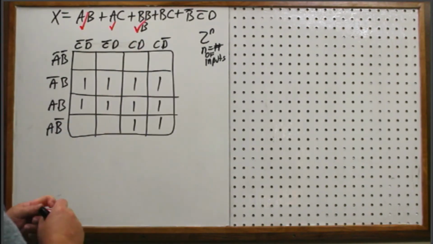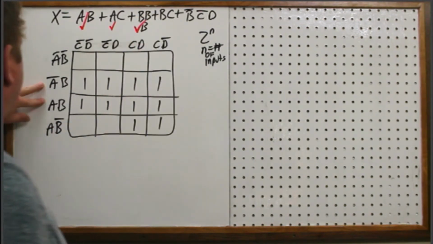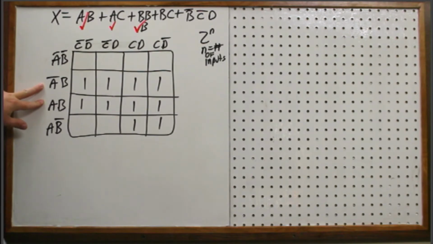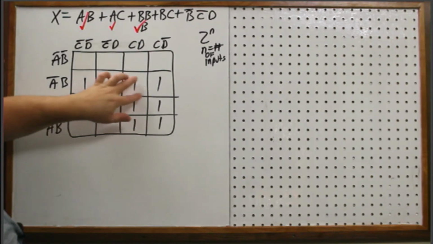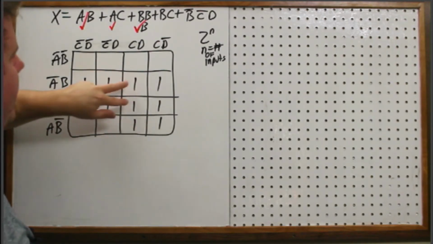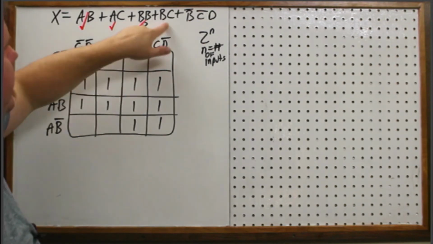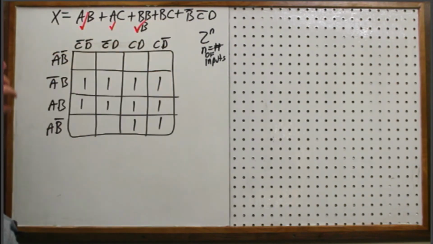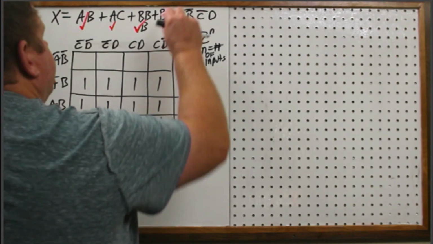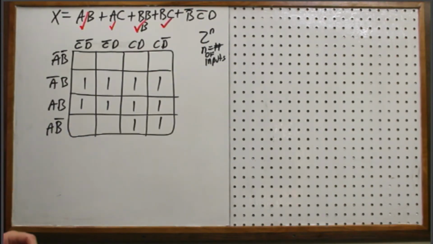Now we have B and C, which we've already covered because we went ahead and did all of the spots where B is high. And that just so happens to cover, C is high in these 2 columns. So we're talking about these 4 right here with this, but this one covers the whole 2 rows. Okay, so that one's done already. And then the last one's a little bit more specific.